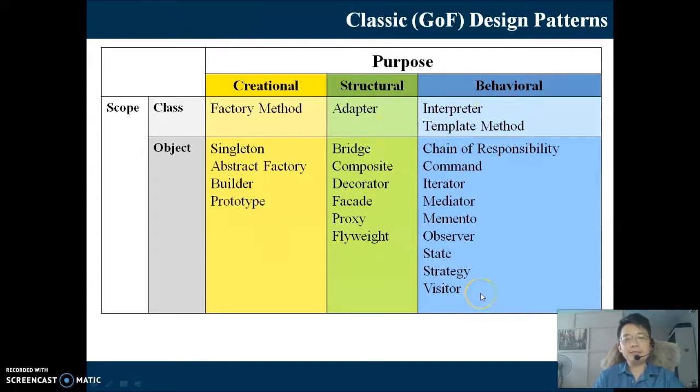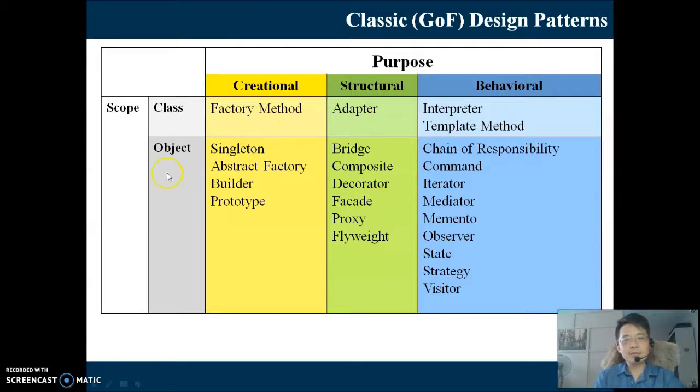These patterns are generally categorized into three: creational, structural, and behavioral, depending on their purpose. This is not an exhaustive list. There are new patterns created from time to time.